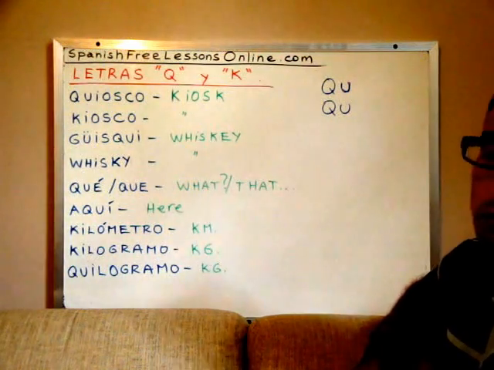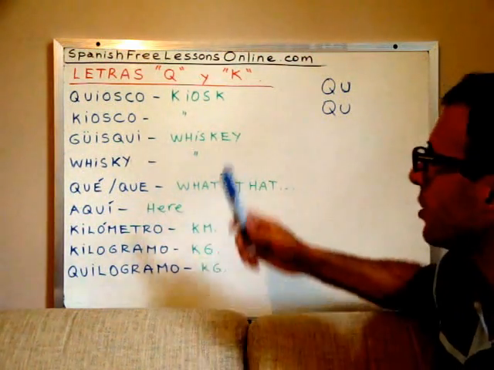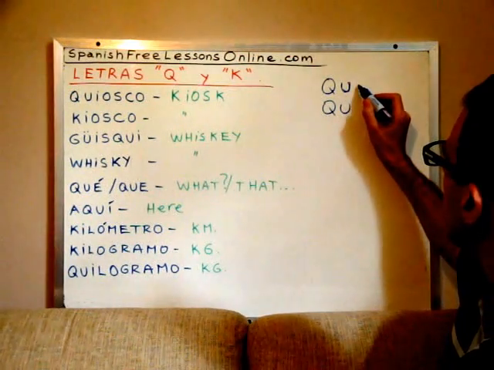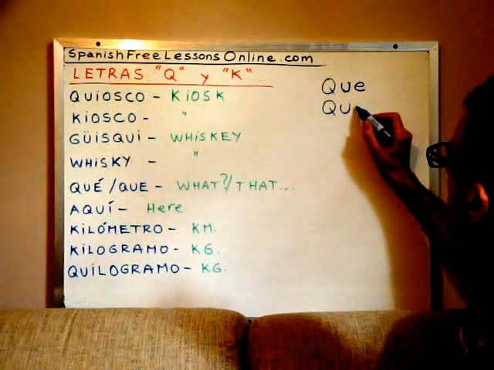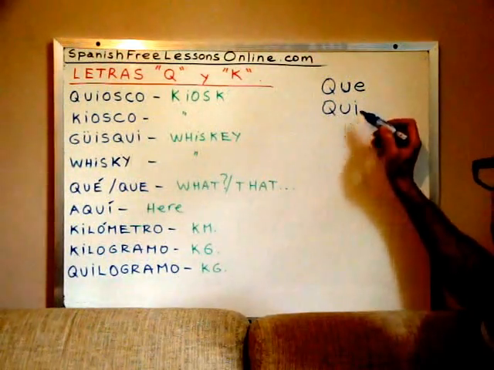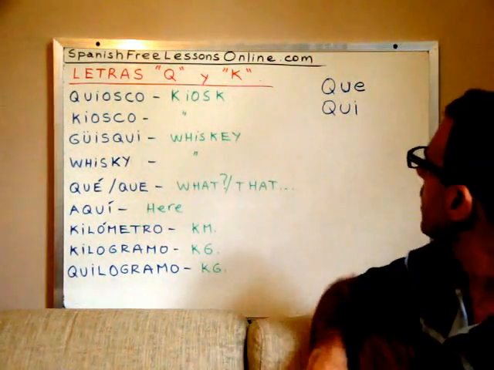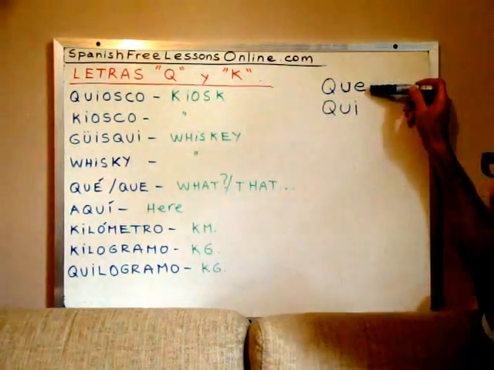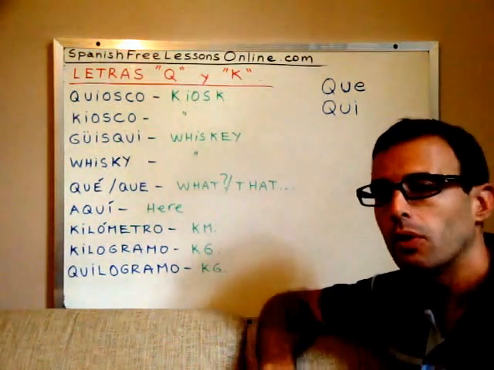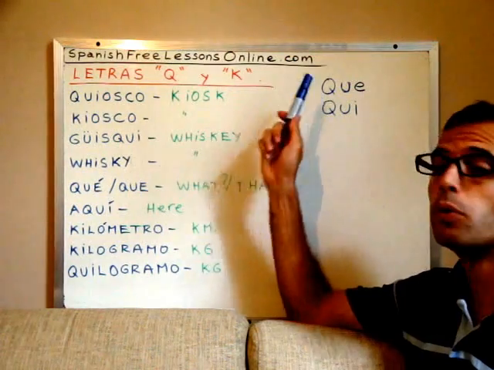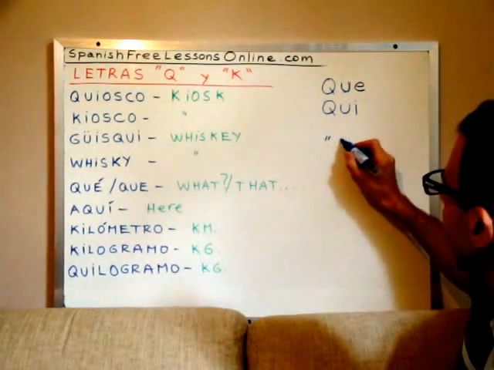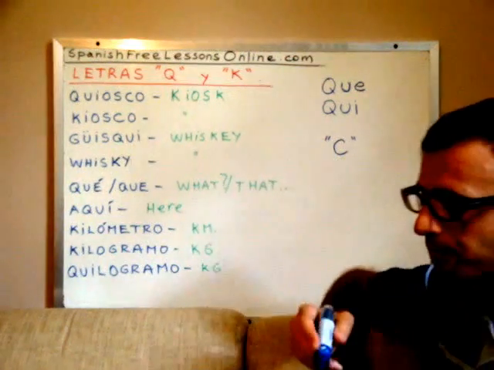And the two cases where in Spanish we use letter Q are for letra E and letra I. This is read que and this is read ki. So why these two cases only? Because we have in Spanish the letter C. Okay?